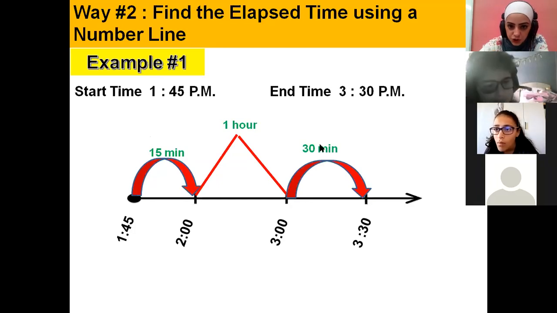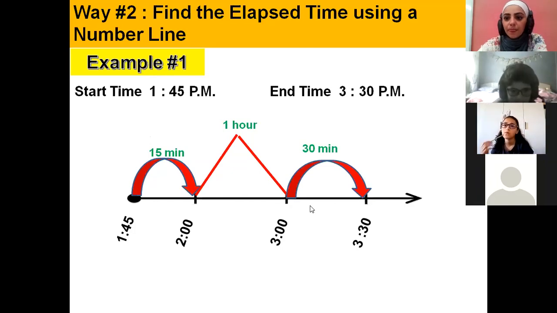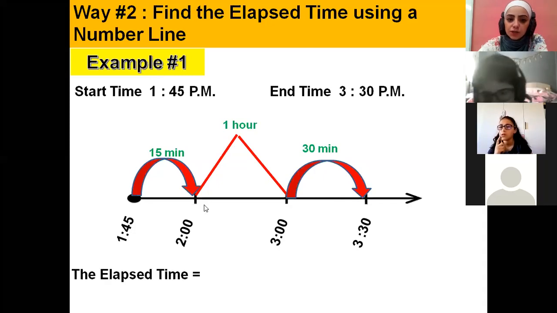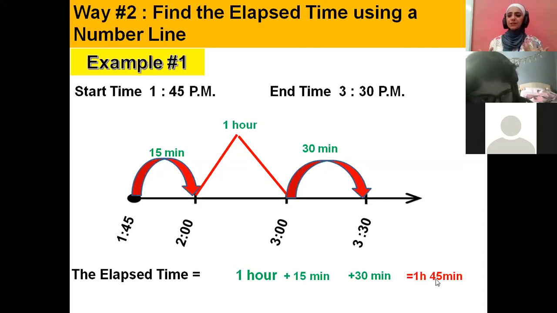How many hours do we have on the arrows? 1 hour. And the minutes, there are 15 minutes and 30 minutes. So all the minutes together, 45 minutes. So the elapsed time is 1 hour and 45 minutes. This is how you do it by using a number line.